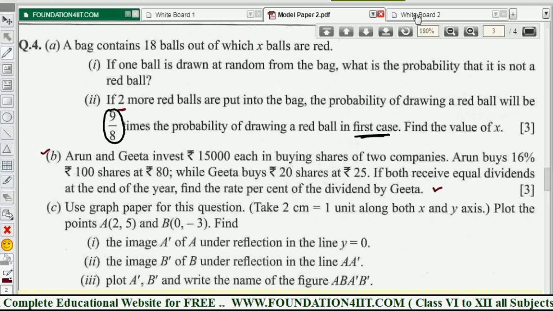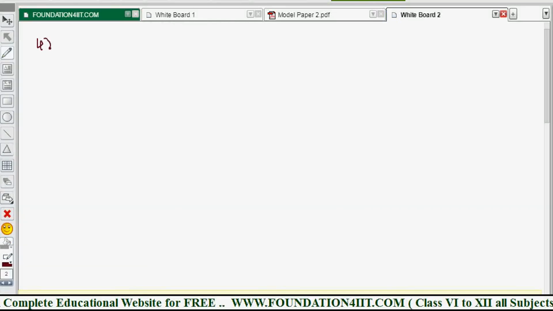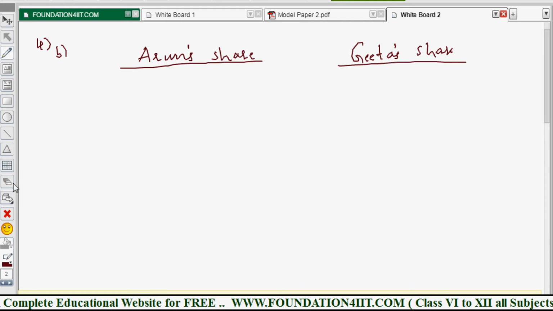Let's take the statements. If you take Arun's share and Geeta's share separately, you will understand clearly. In both cases, the annual dividend is equivalent finally.